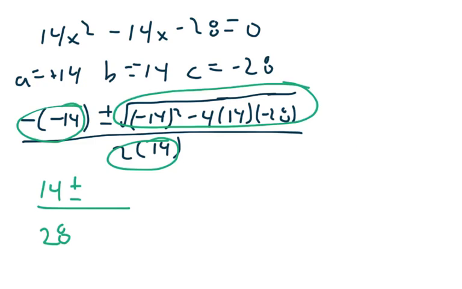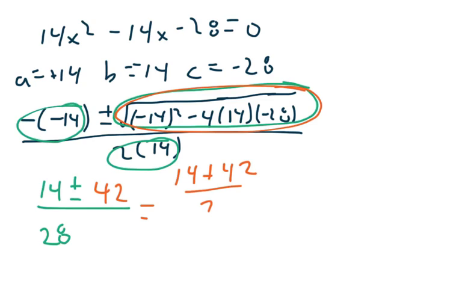And when I do the square root of that quantity, I get 42, don't I? So now I know this all right here, including the square root, is 42, correct? And so now, let's come up with our answers. We know we're going to take 14 plus 42, divide 28. We're going to do 14 minus 42, divide 28.